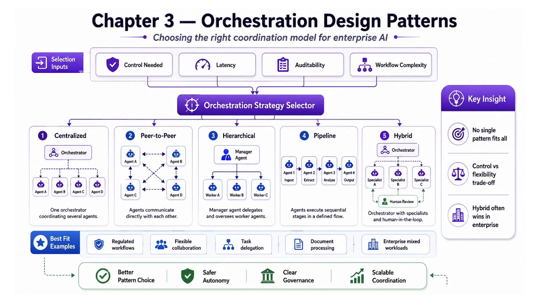Determine what you want before you design. And the third insight is that hybrid often wins in enterprise. In enterprise, you have diverse departments that also interconnect, so a hybrid workflow with a human in the loop will always win in enterprise systems.